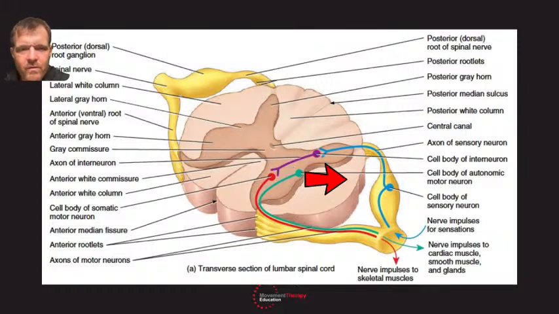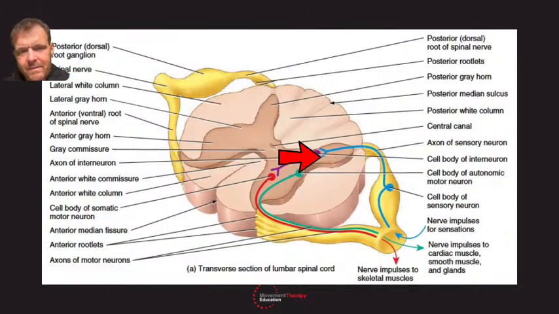So see here where we've got a cell body of sensory neurons. We've got nerve impulses for sensations coming in, going to the posterior part of the spinal cord, and we've got these cell bodies here, and there'll be a collection of those cell bodies, and that's why there'll be this swelling, the dorsal root ganglion in that particular region.